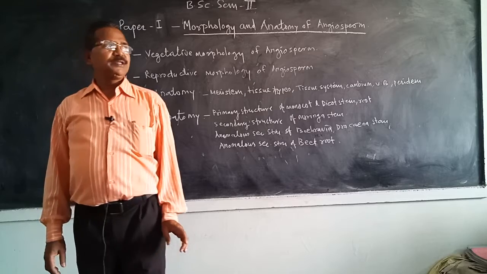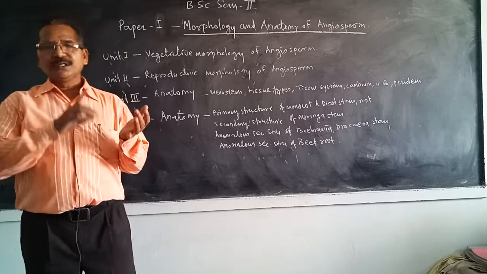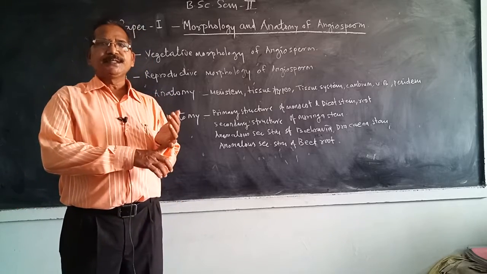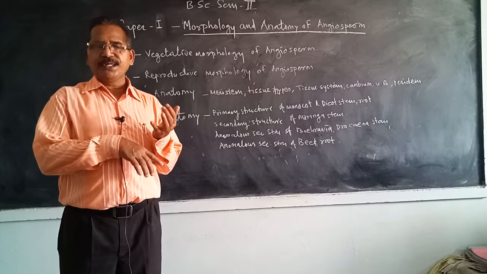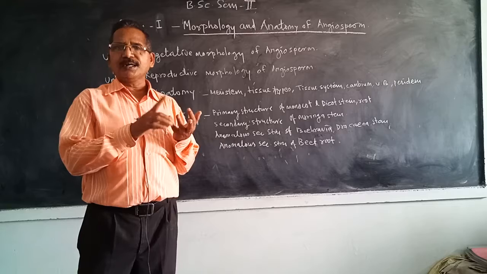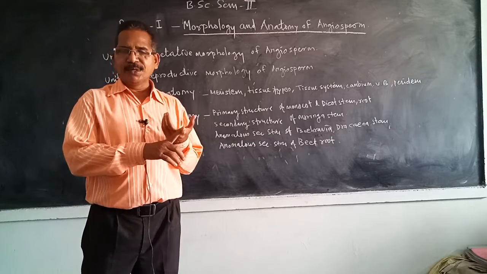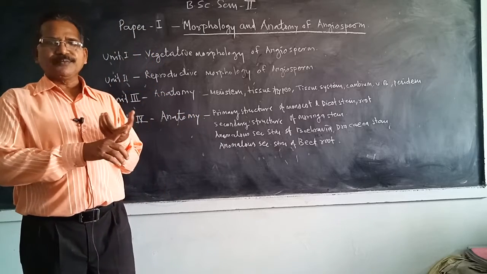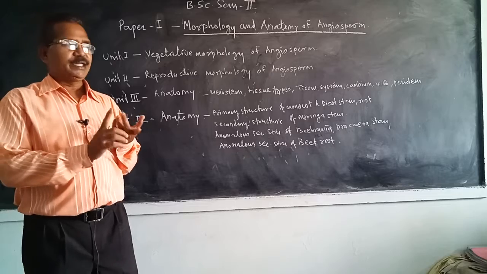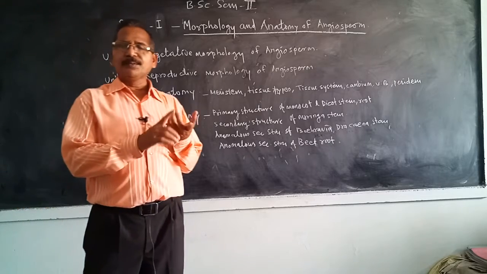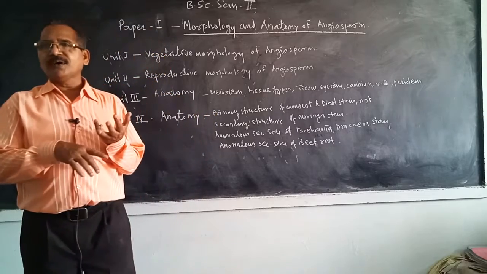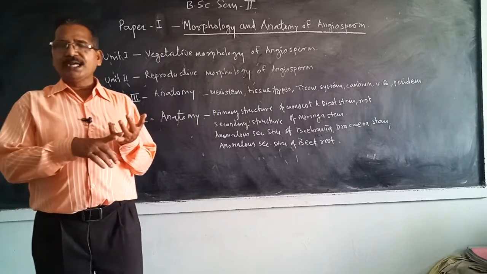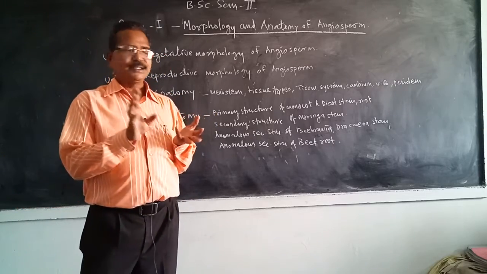Vegetative morphology includes habit, which may be herb, shrub or tree or creeper or trailer or climber, meaning erect form and weak form. In erect form, herb, shrub and trees are included, while in weak form, creeper, trailer and climber plants are included.